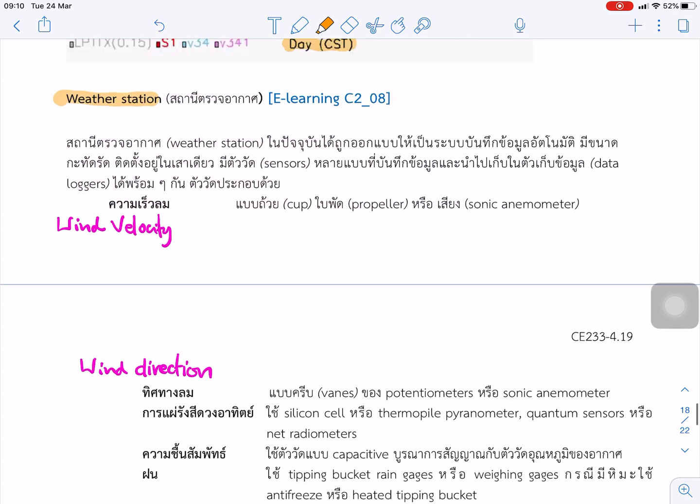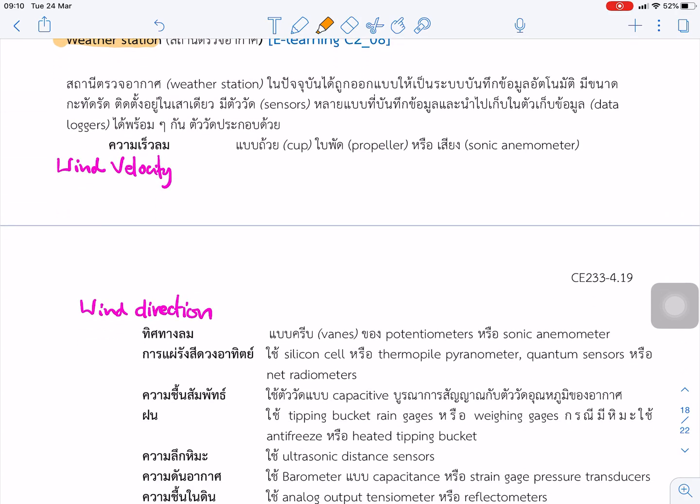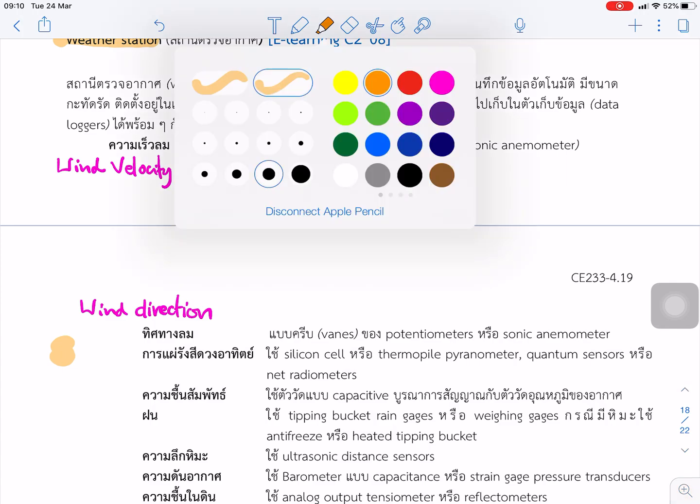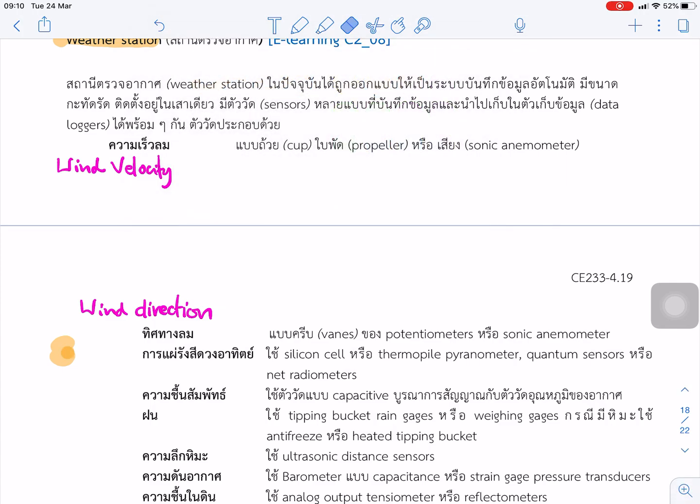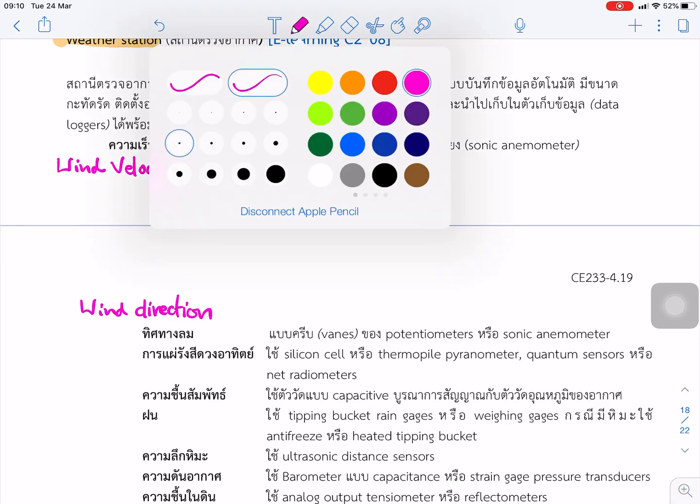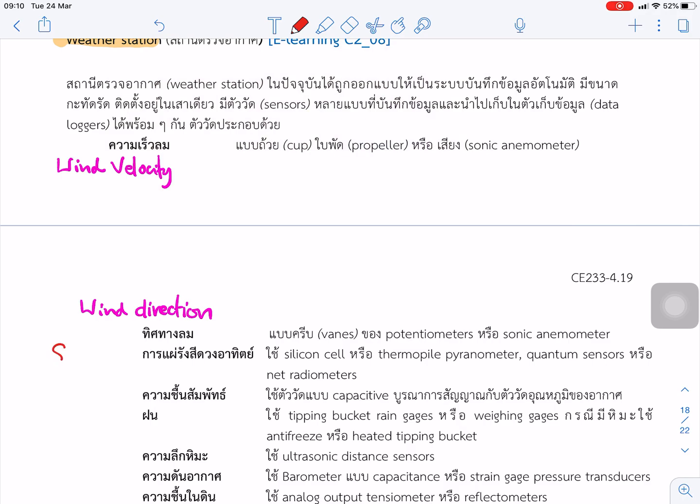And for solar radiation, we can use a silicon cell or a thermopile pyranometer.